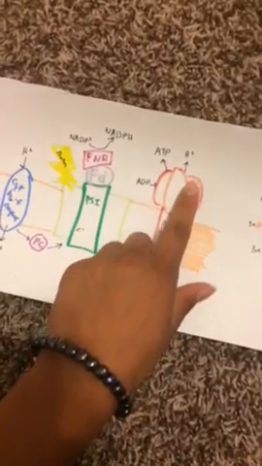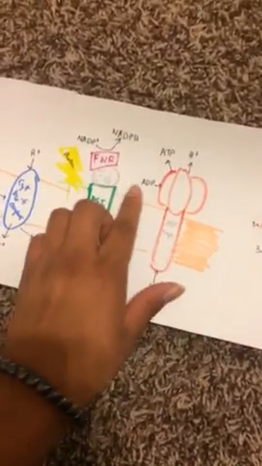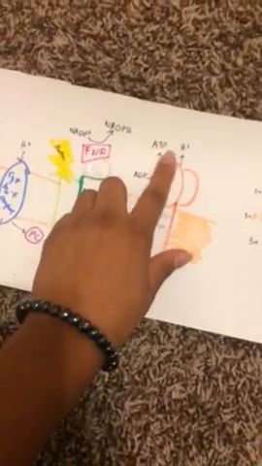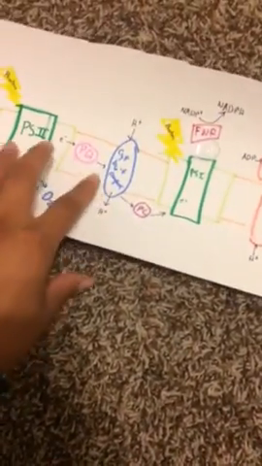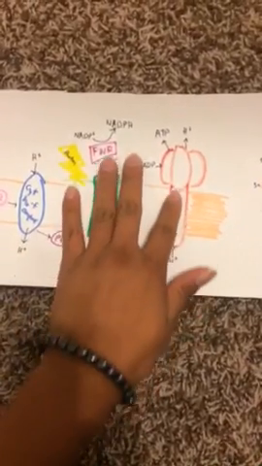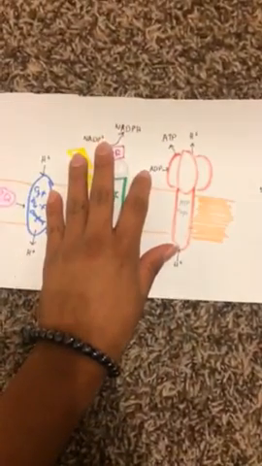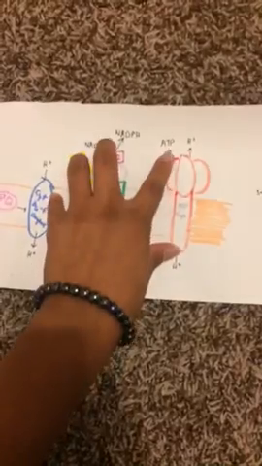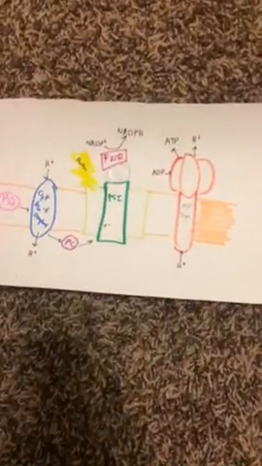As it pushes them out, it actually turns and phosphorylates ADP into ATP, and that goes back out into the stroma. So we have all these hydrogens coming in, and the ATP synthase pushes them back out and phosphorylates ADP into ATP, and that's outside in the stroma.